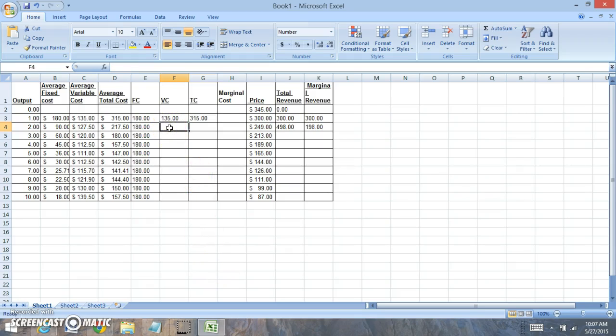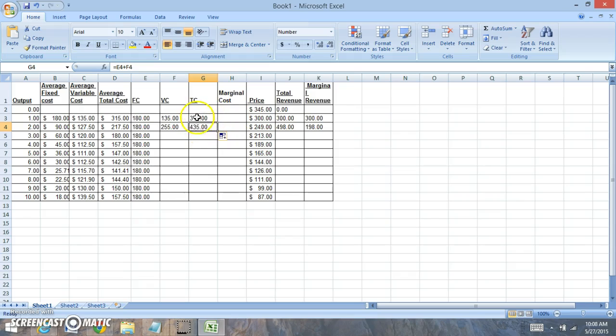Let me give you an example. I'll just do the first two for you. 127.5 times 2, 255. So then you add these up again. So you get 435, fixed cost plus variable cost.